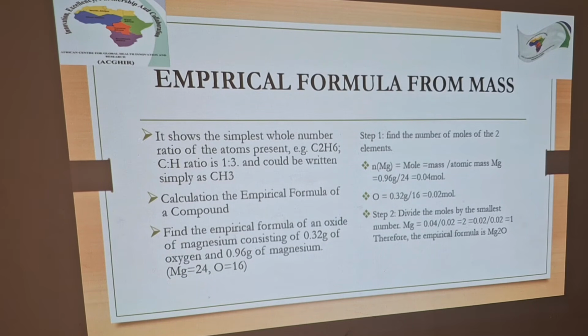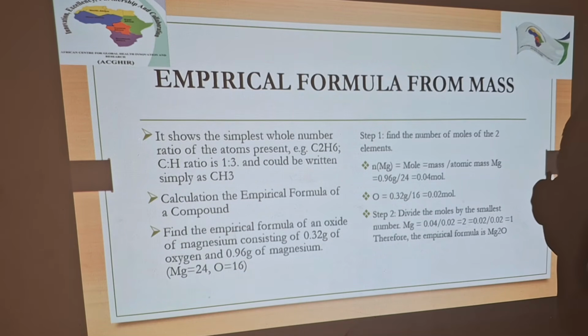For example, when we look at ethane, which is represented by C2H6, the ratio of carbon to hydrogen is in the ratio of 1:3, and it can be written simply as CH3. So CH3 will be the empirical formula or the simple whole number ratio for ethane.